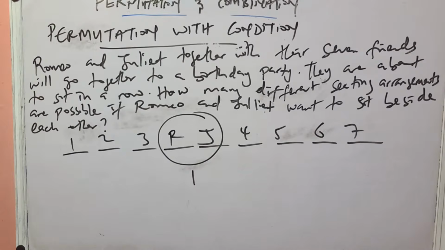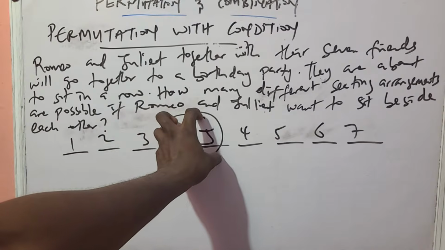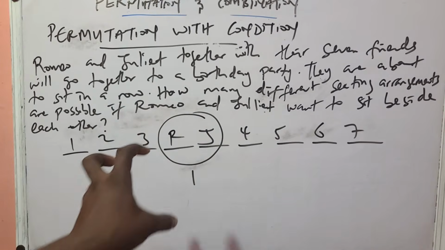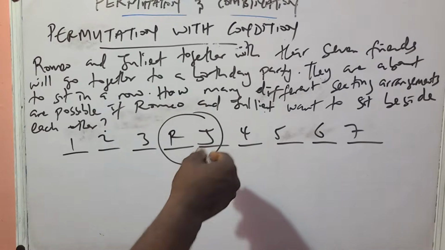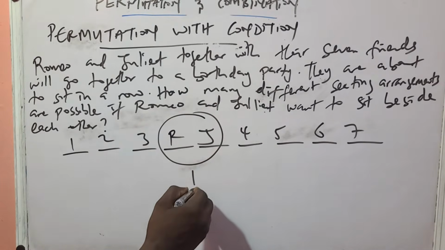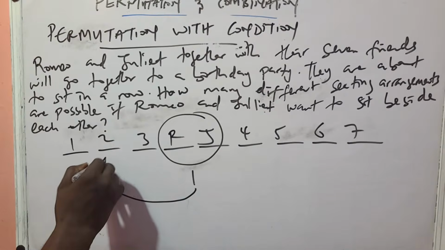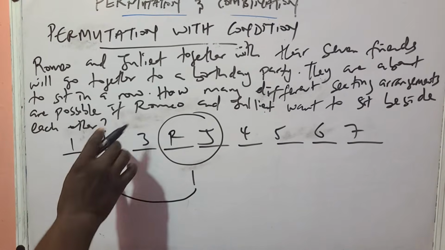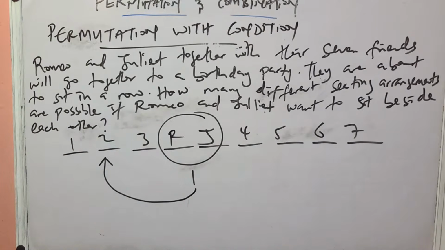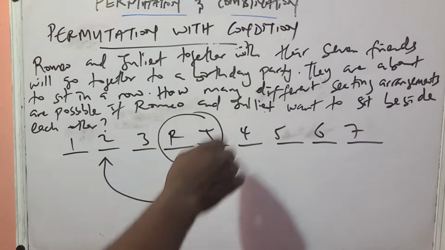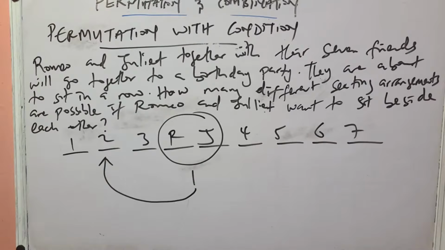So instead of you looking at it as 9 objects, you will be seeing it as 8, because this Romeo and Juliet will be seen as 1, because anywhere you take Romeo to, you must take Juliet. So imagine you see this as 1. That means anywhere you pull this out from, if you pull this and put it here, of course, the rest will have to shift. Romeo and Juliet will be seen as 8 objects. That's the way you solve questions like this. Rather than seeing it as 9, you see it as 8. You will pick Romeo and Juliet, the ones that must never leave each other, as 1. That's the way you do it.